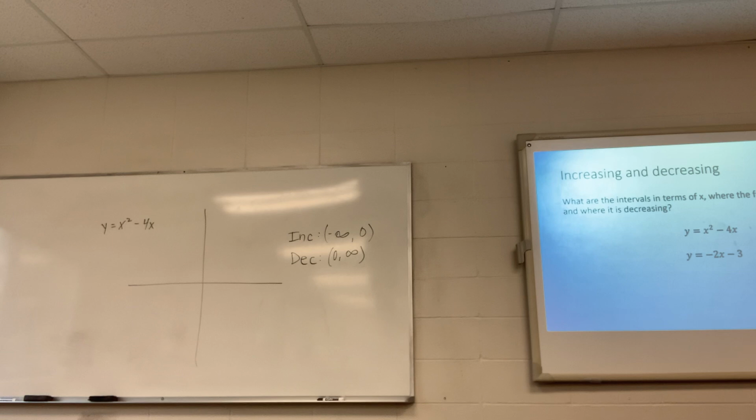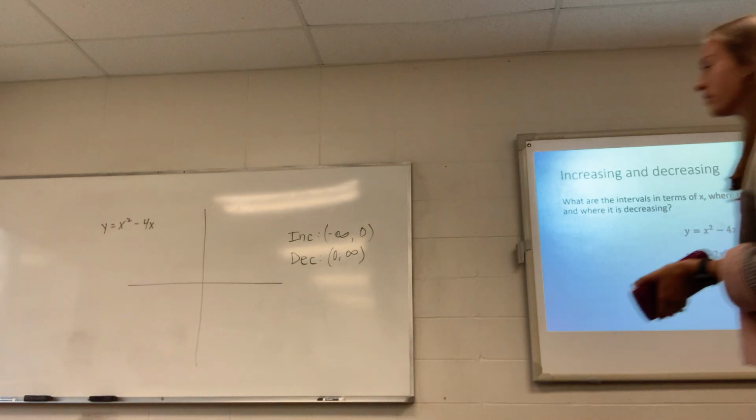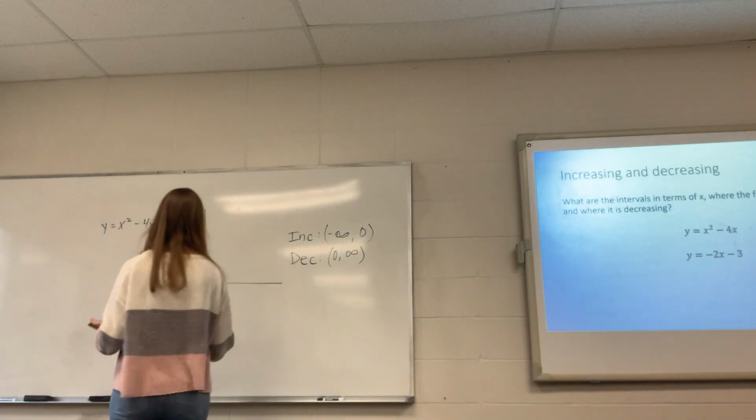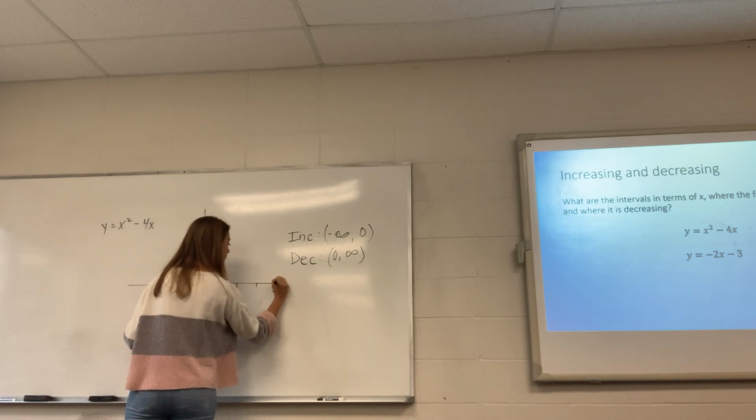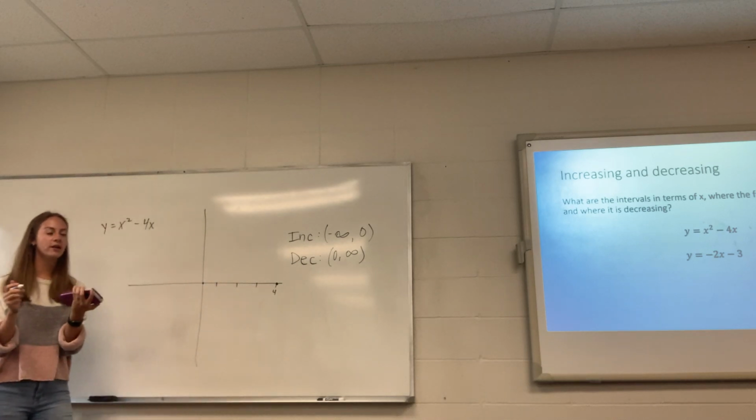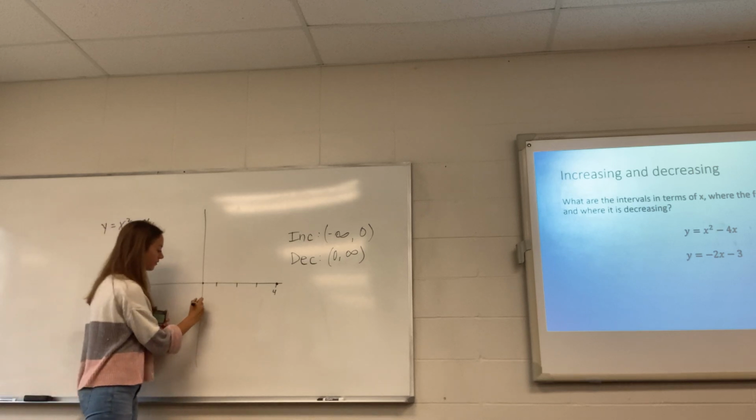Yep, exactly. Where does it look like that other one might be? If you count those tiny ones, or look at your table. Exactly. So Faith just told us we have x-intercepts at 0 and 4.